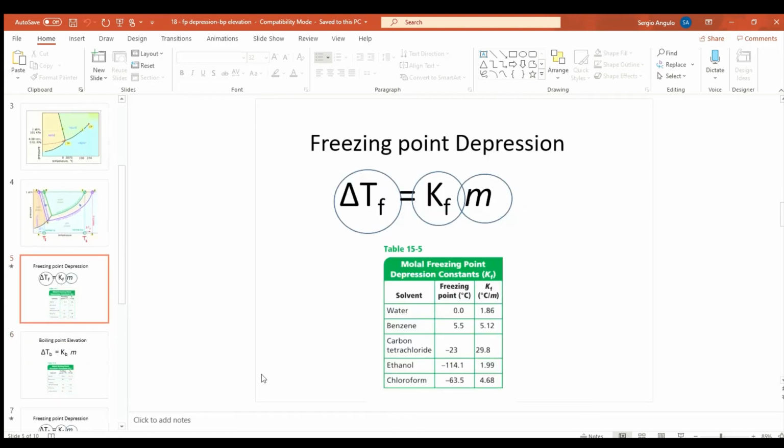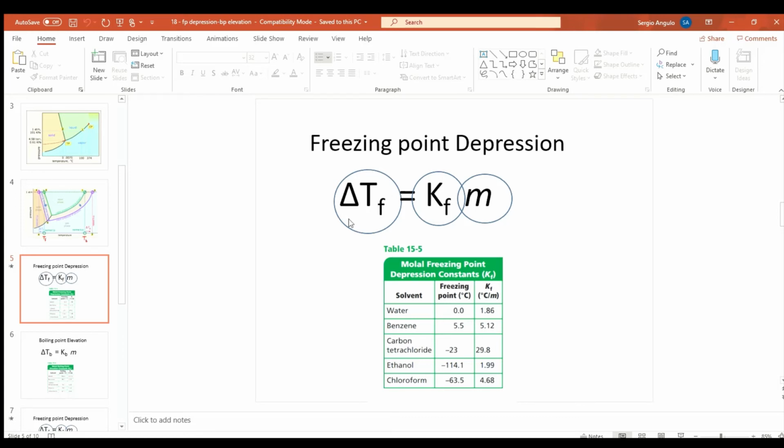And when we do the problems, we're going to use this equation. And what I did here in this equation is I circled each variable because people get all confused. There's like delta in it, there's different letters, some subscripted, some not. So it gets a little confusing. Okay, so what we got here is delta T subscript F is the freezing point depression.